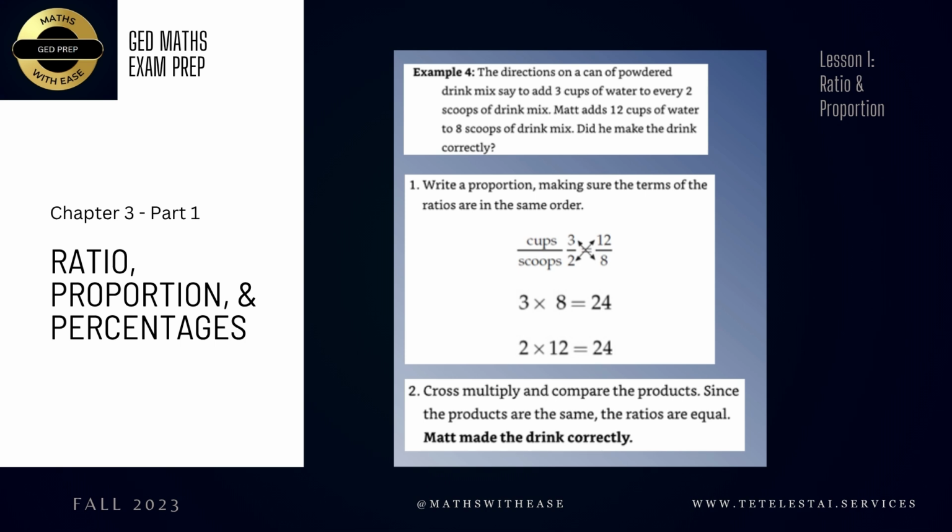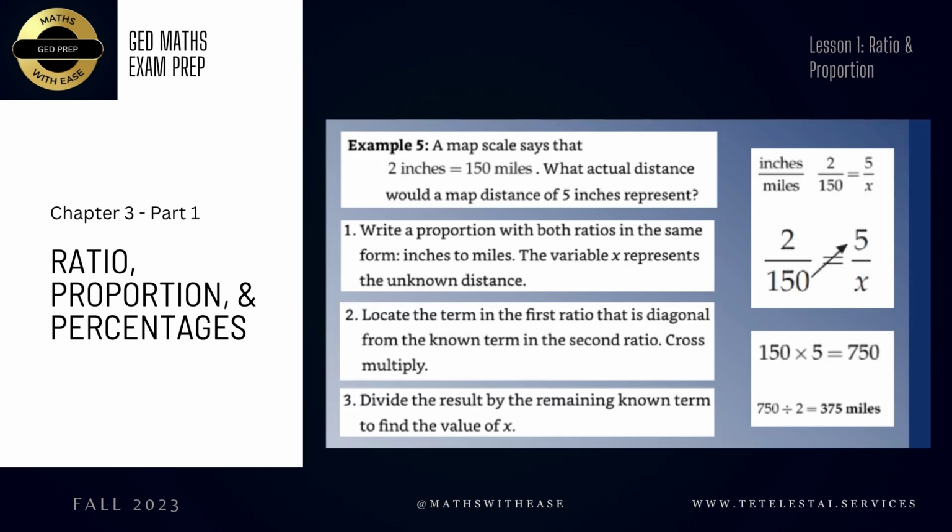So in most proportion problems, you're going to be asked to solve for a missing term, right? So in this example, a map scale says that 2 inches equals 150 miles, right? So let's say you're looking on your iPhone and you're trying to figure out the distance from, I don't know, Dallas to Houston, okay?